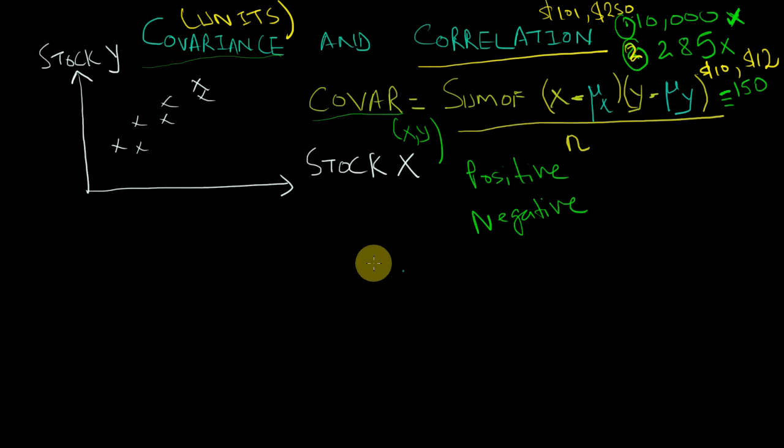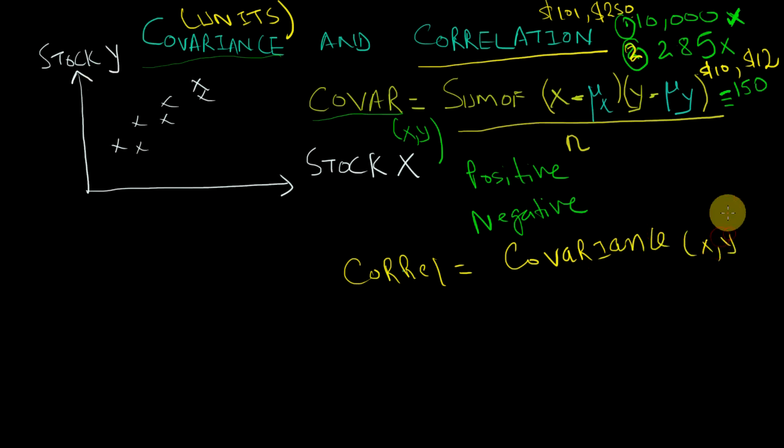Now, the formula for correlation is simply covariance. So in this case, let's assume between x and y. So covariance between x and y, and then we divide that by the standard deviation.